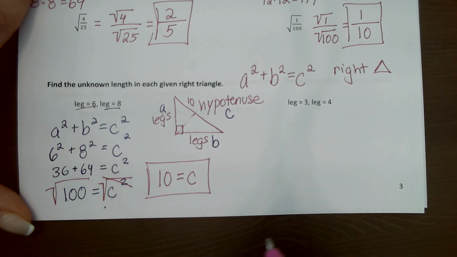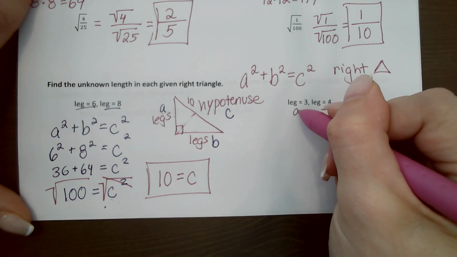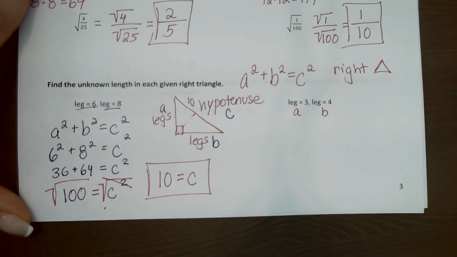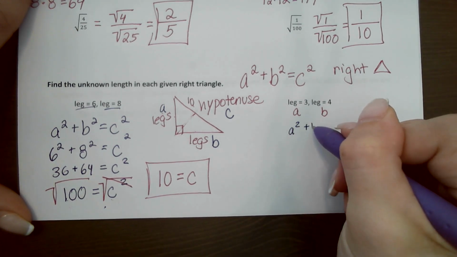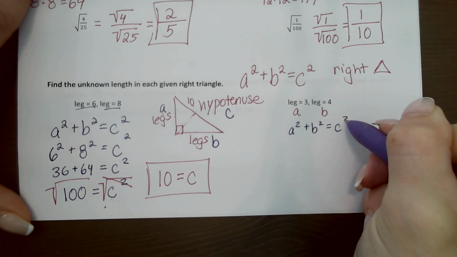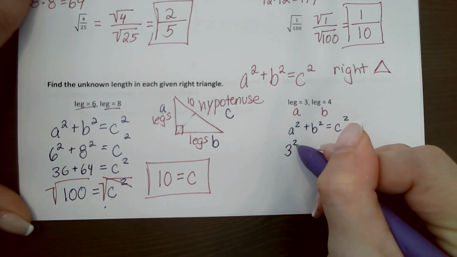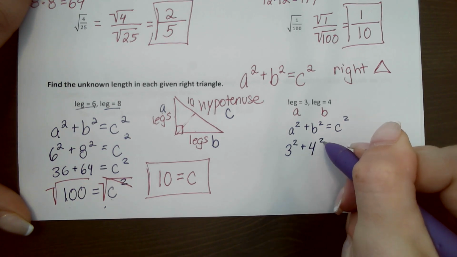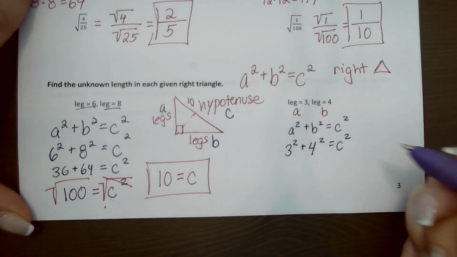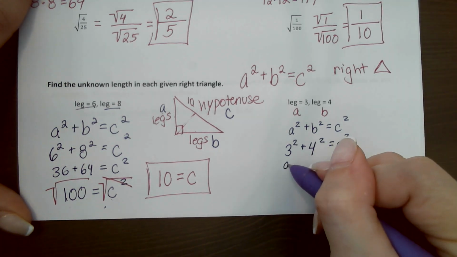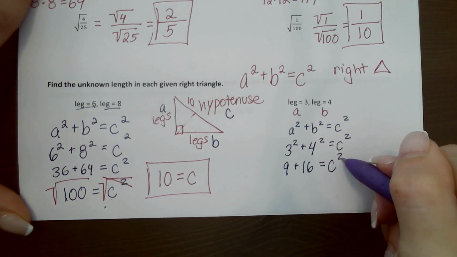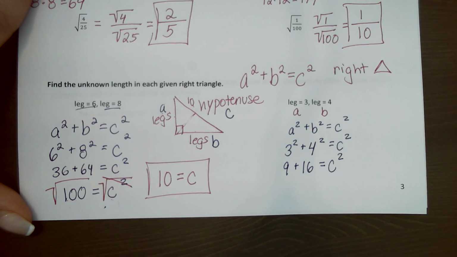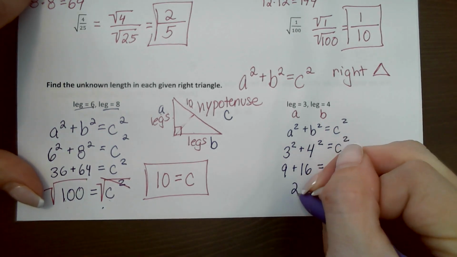Let's do one more like this. So this time they've told me that my legs are 3 and 4. So I'm going to plug that into our equation. A squared plus b squared equals c squared. So this will be 3 squared plus 4 squared equals c squared. 9 plus 16 equals c squared. 9 plus 16 is 25.